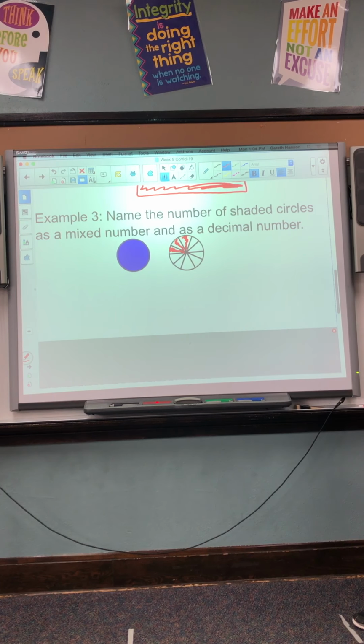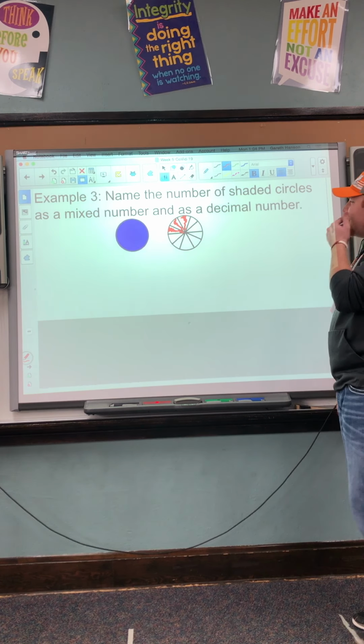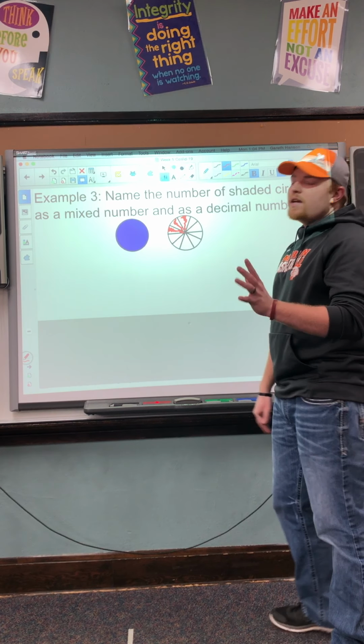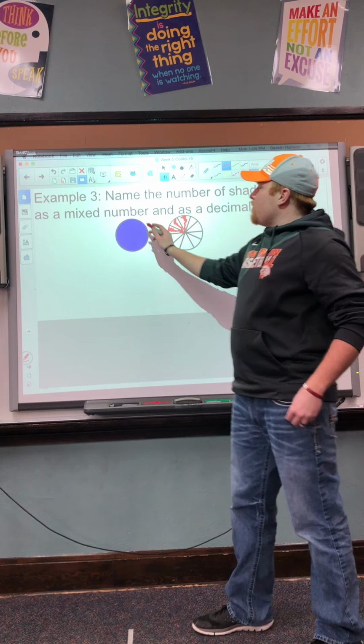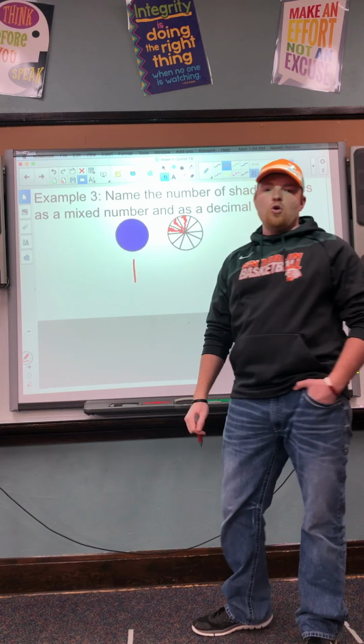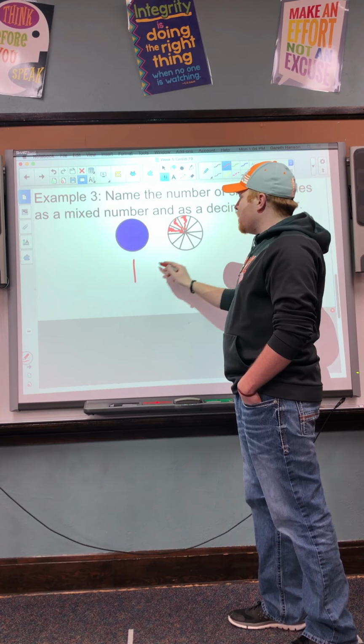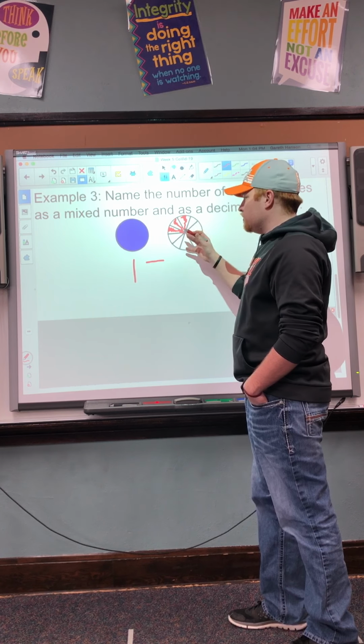Example 3. Name the number of shaded circles as a mixed number and as a decimal number. For this one, we have one whole circle shaded. So that is your whole number. Then we go to the fraction. How many total parts does the fraction have?